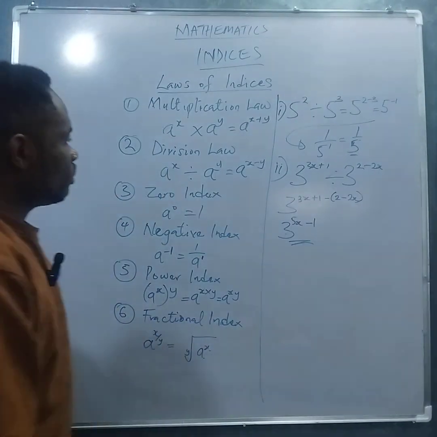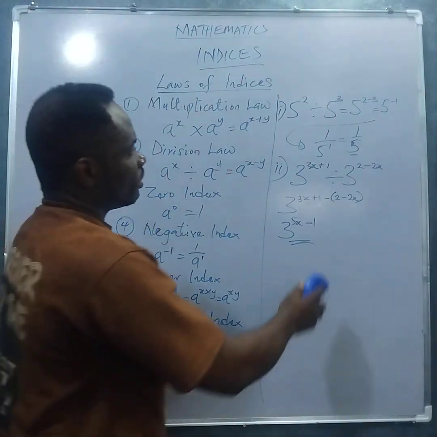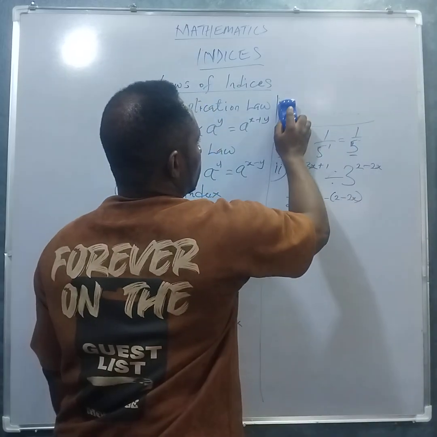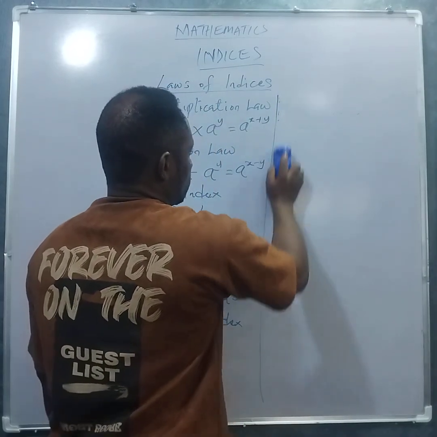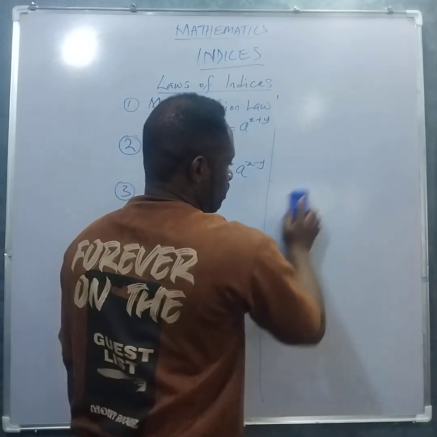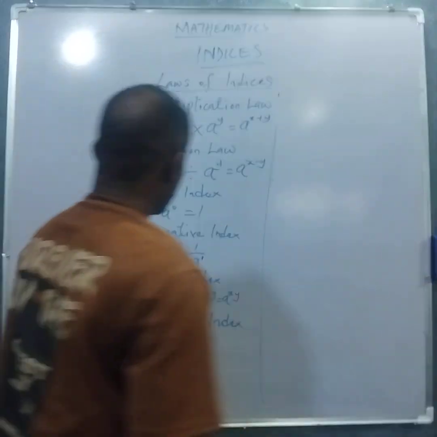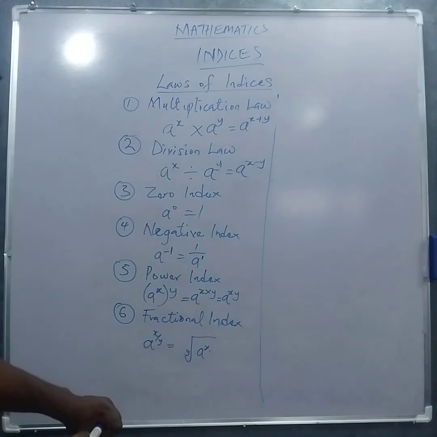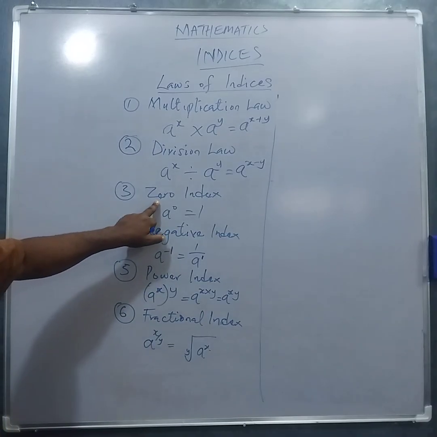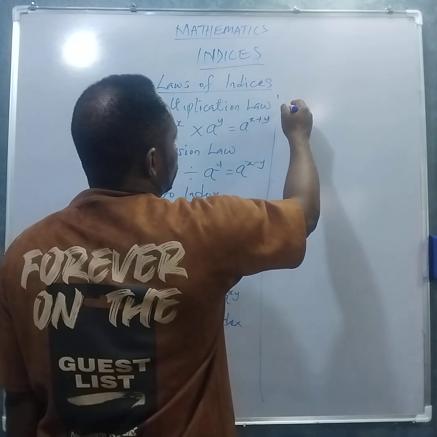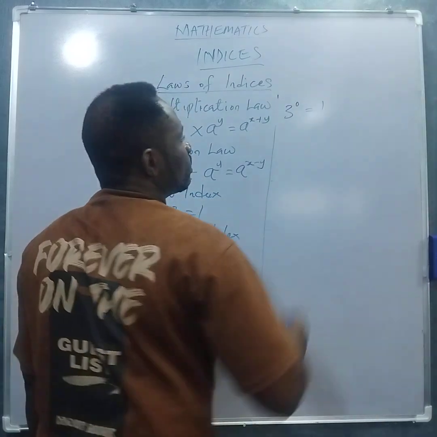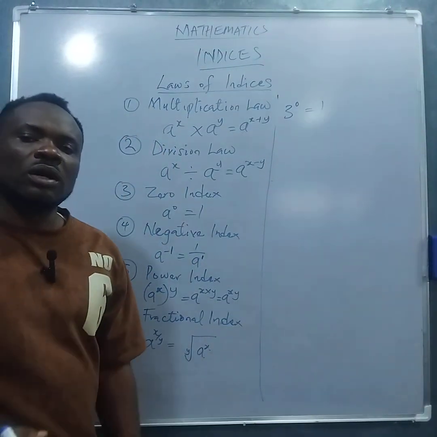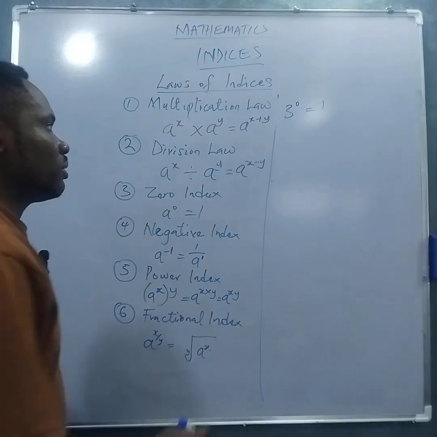We're looking at zero index. When you have 3 raised to power 0, it is equal to 1. Any number raised to the power of 0 is equal to 1.